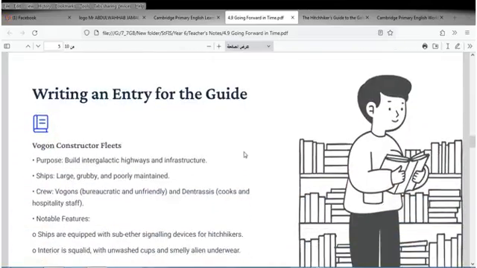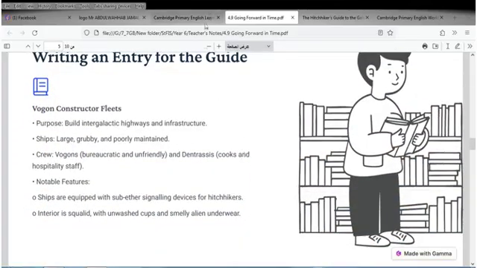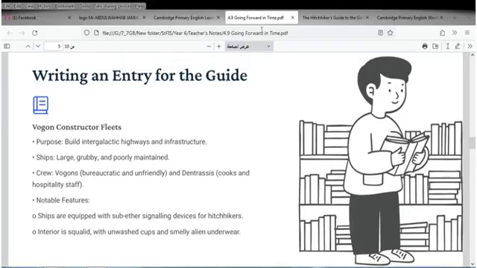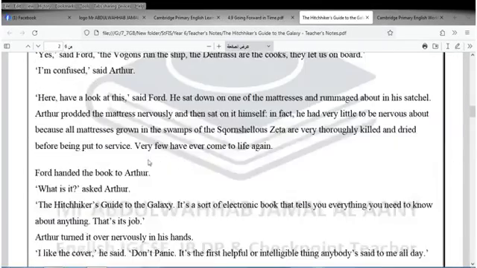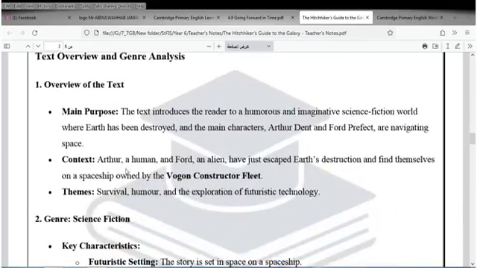Now let's comment on the text in general. Let's analyze it if you wish to say. The main purpose of the text is to introduce the reader to a humorous and imaginative science fiction world where Earth has been destroyed and the main characters Arthur Dent and Ford Prefect are navigating the space through what?